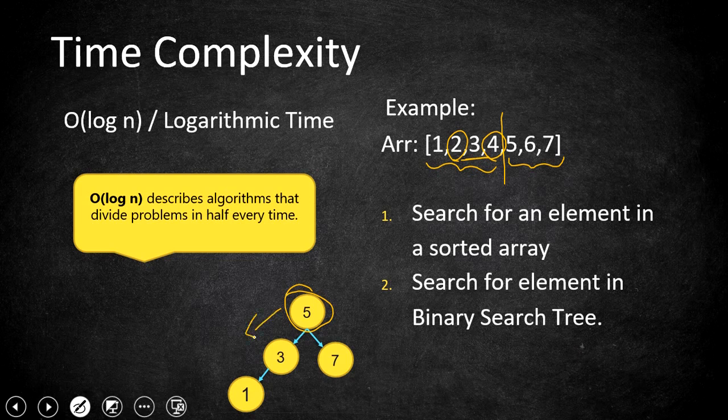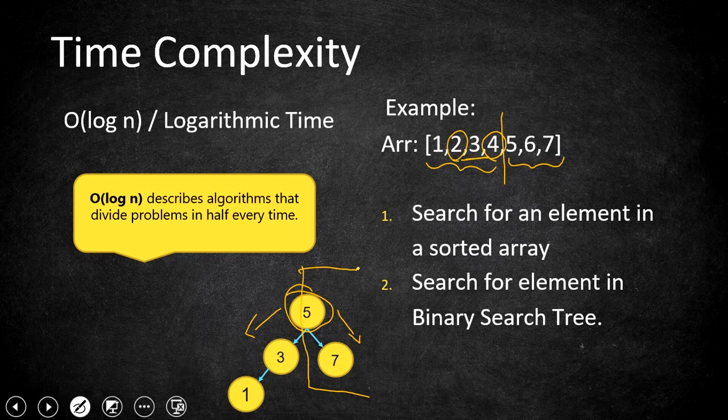Otherwise, you fix your search towards the right side. If you fix your search towards the left side, you completely ignore what is in the right side. So that reduces your input or search space by half every time. That again says it is running in logarithmic time.